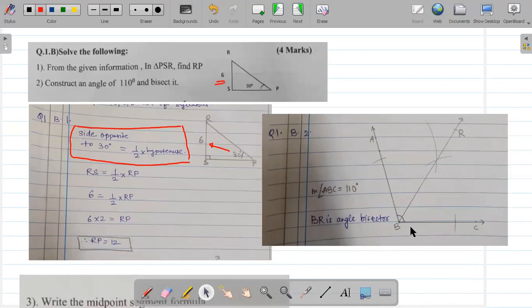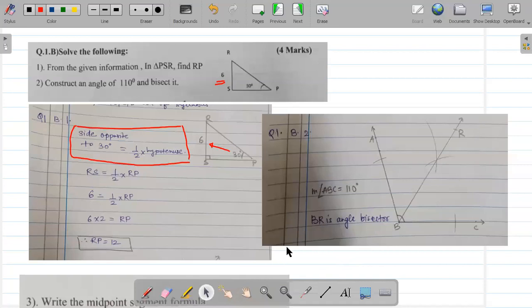So angle ABC in this case is 110 degrees, and then we bisect it. Keeping the steel point on B, we draw two arcs of same length. And then from those two arcs, we take a random distance and draw two arcs which cross out to give us the angle bisector. That's how we get BR as the angle bisector.